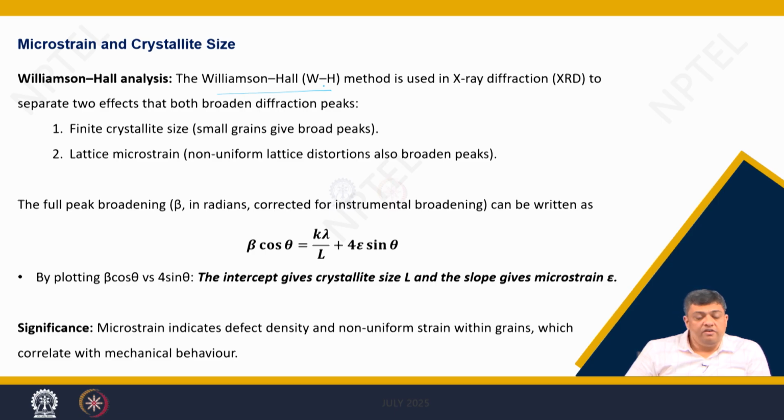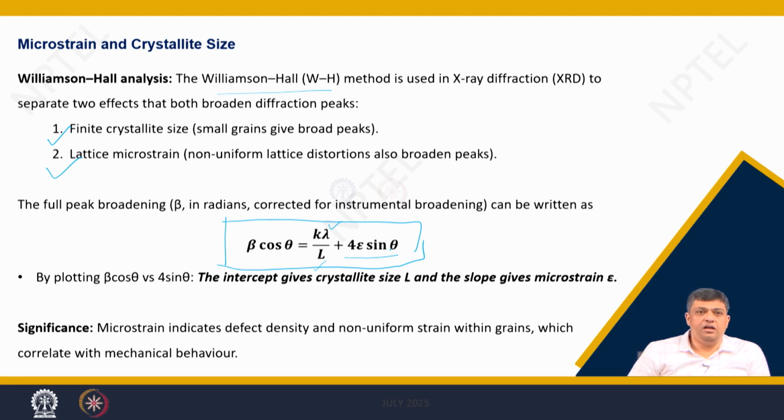You can have finite crystallite size as well as lattice microstrain, and the full peak broadening beta can be written as beta cos theta is equal to k lambda by L plus 4 epsilon sin theta.